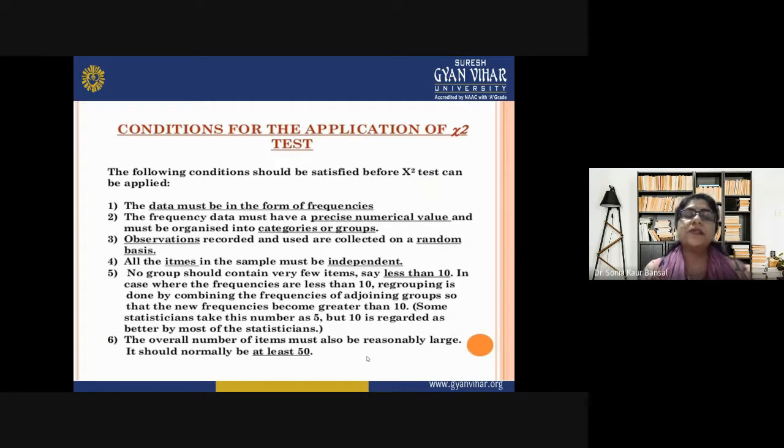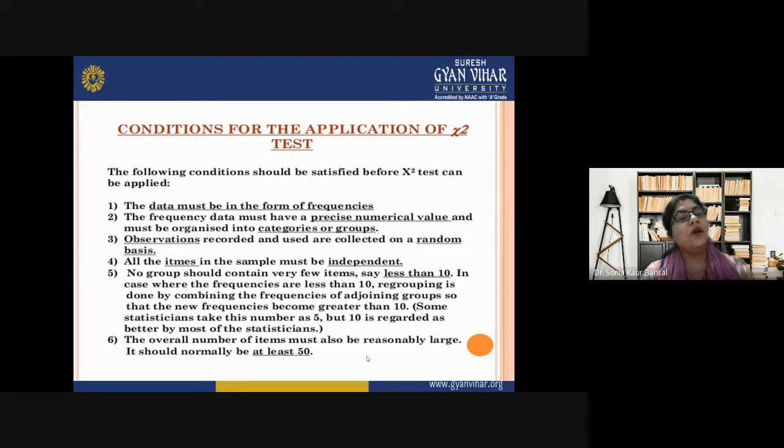Now, students, let's understand some conditions set for the application of the chi-square test. The following conditions should be satisfied before the chi-square test can be applied. Number 1, the data must be in the form of frequencies. Number 2, the frequency data must have a precise numerical value and must be organized into categories or groups.